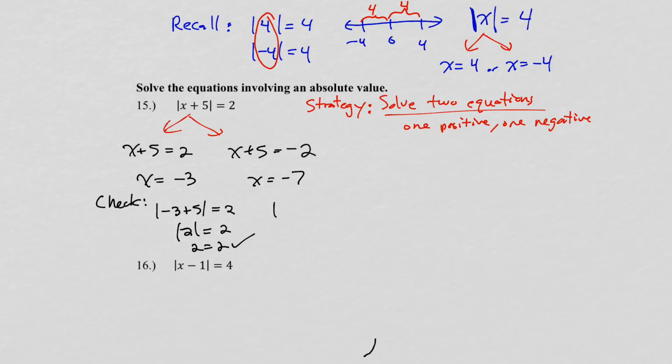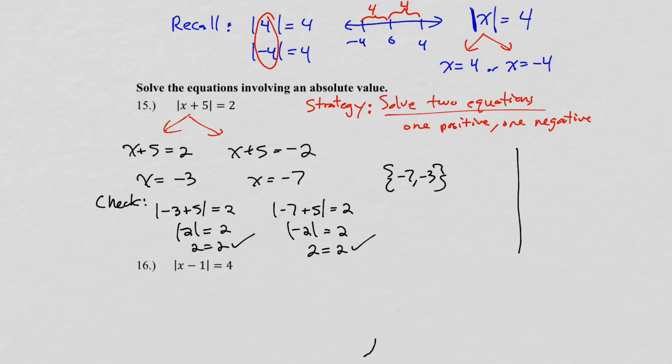And if we check the other one, same thing. So our solution set would be -7 and -3. Okay, now, why is that?